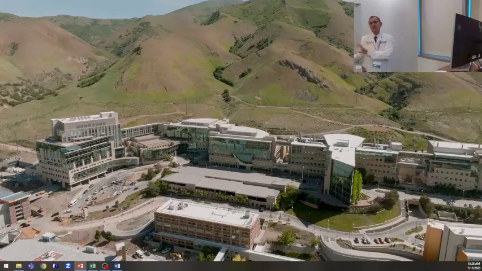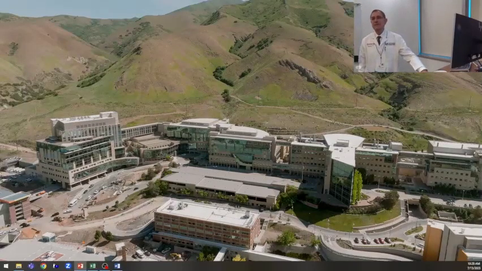That test can be run on the blood, but it does not always work very well on blood. And so, as much as I hate saying that, the bone marrow biopsy is still an important part of making the diagnosis and evaluating the severity of the disease. But hopefully at some point, maybe we'll get to a point where we don't need to do these procedures, but as of now, it is still an important component of what we need to do.